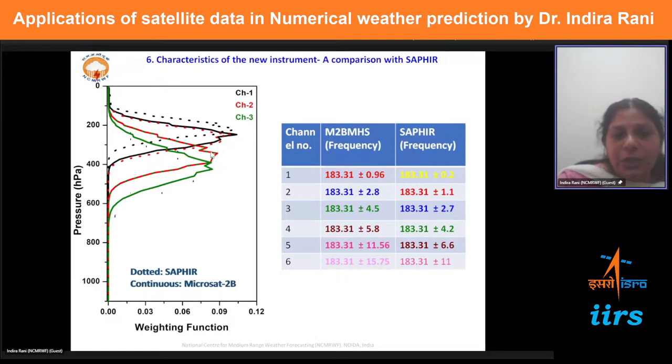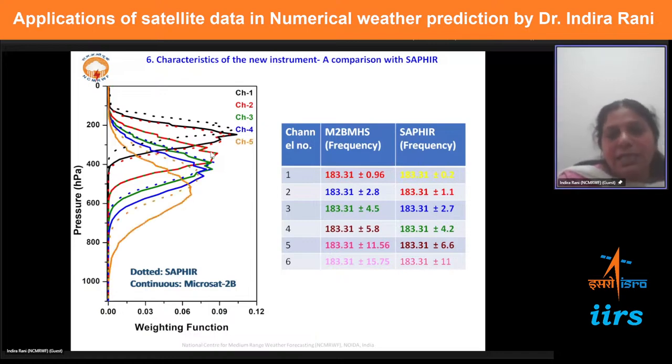That is one difference we noticed between the channels. Even though the frequencies are almost in the same range, the peaking height is slightly shifted down for Microsat 2B.